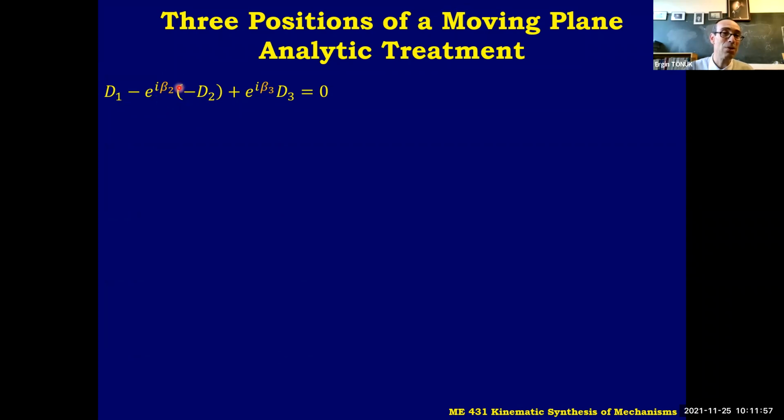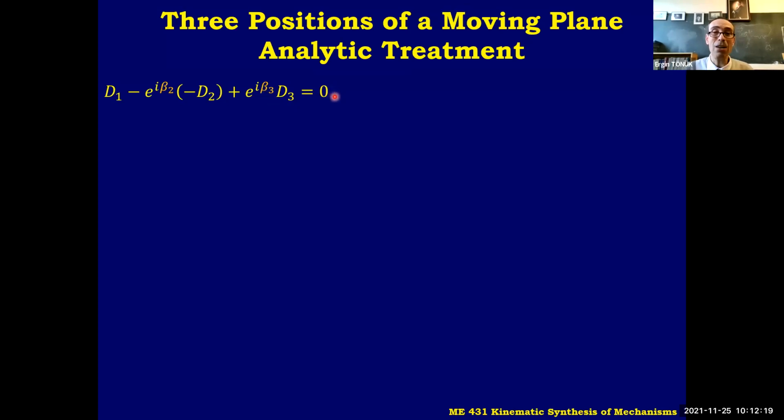Am I right? E to the i beta 2 is a rotation, but I don't know how much I should rotate. And then another complex number, which I can call a known vector, and I have to rotate it by beta 3, and it should sum up to 0.